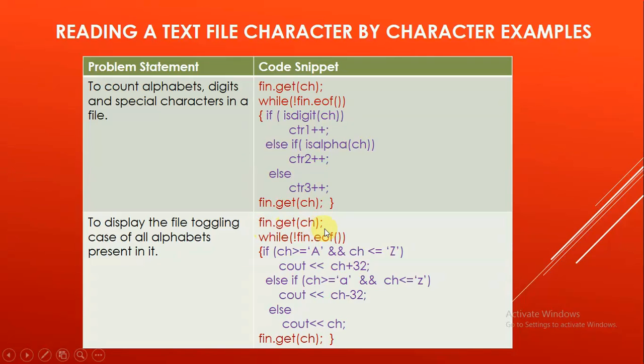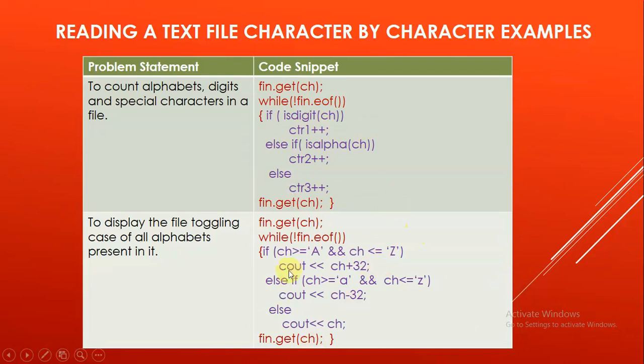I will read a single character from a file with fin.get(ch), and then I am using the loop while not fin.eof. Now I will check whether the character I have read is capital or small. So I'll check if ch is greater than or equal to 'A' and ch is less than or equal to 'Z', then I will display cout ch plus 32.